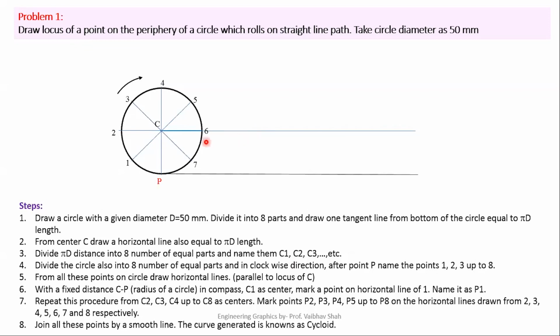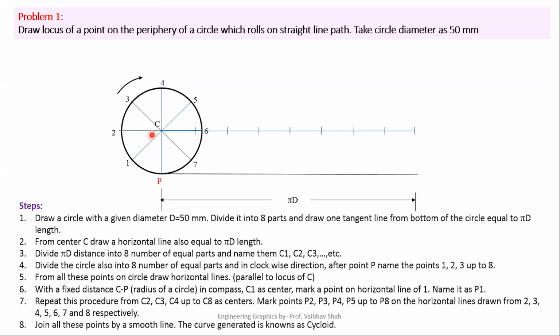Now, if we have divided this circle into 8 parts, that means we have to divide this center line also into 8 parts. So let us divide this center line into 8 equal parts to get 8 different centers of this circle. 1, 2, 3, 4, 5, 6, 7, and 8.